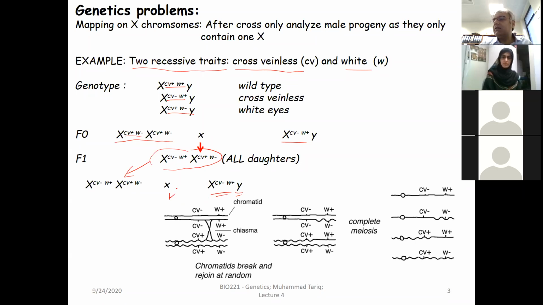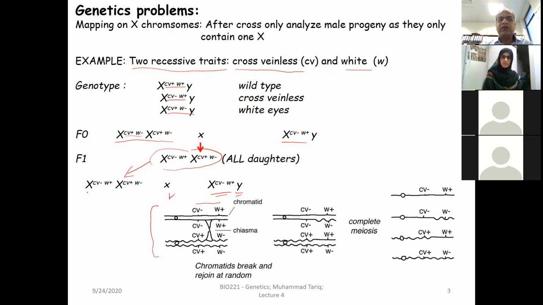The idea is that we want to see the recombination during meiosis. That recombination will tell us the distance, how many centimorgans they are apart from each other on the X. So this is meiotic recombination being shown.